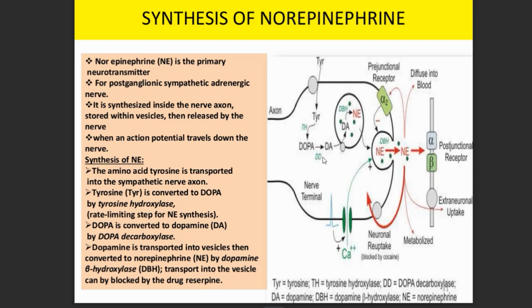This dopamine is then transported inside the vesicles. Then the dopamine is converted into norepinephrine by the enzyme dopamine beta hydroxylase.